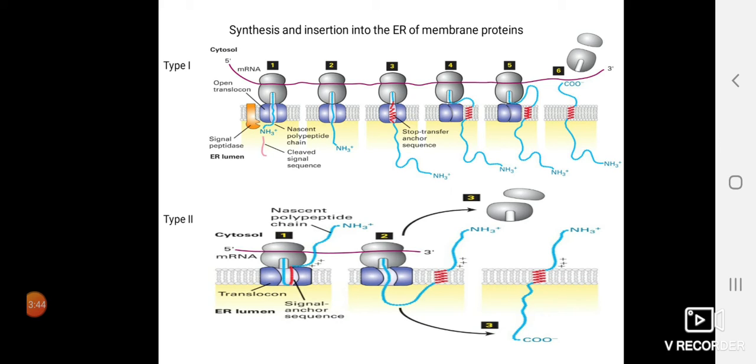In the type 4 protein, there will be a series of signal sequences present, which are going to alternate based on the orientation. If it is a normal orientation, then it is going to have stop transfer, signal anchor, followed by stop transfer, then signal anchor, like that.